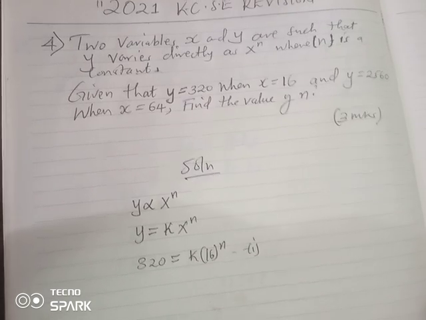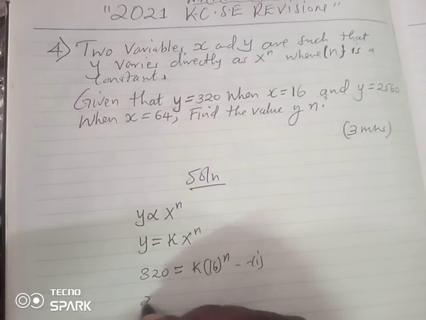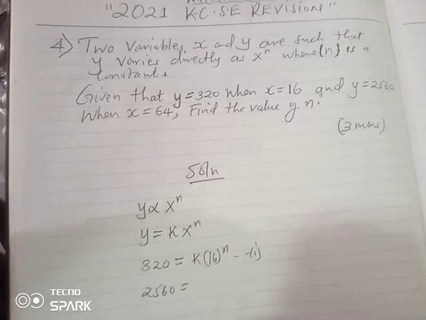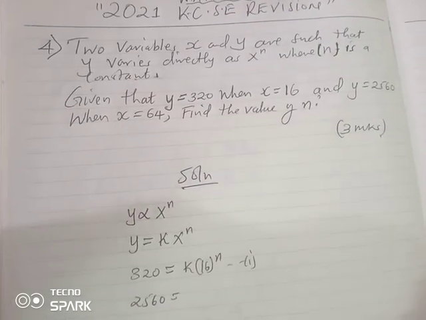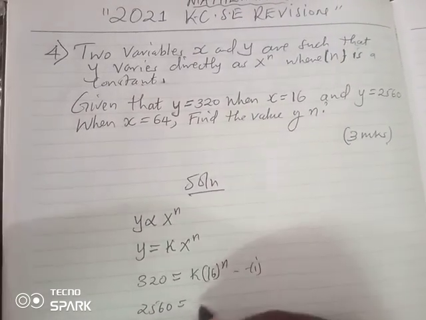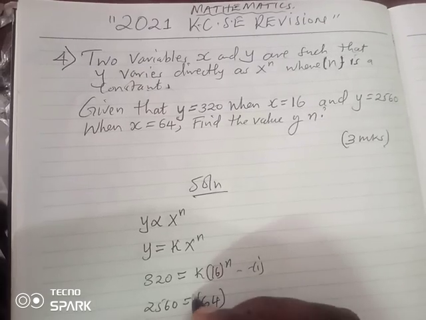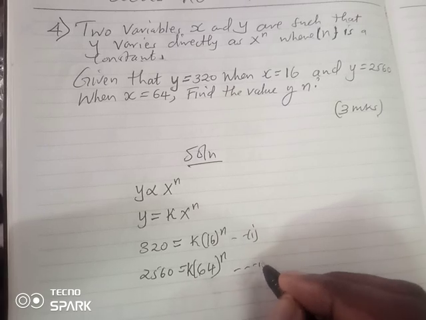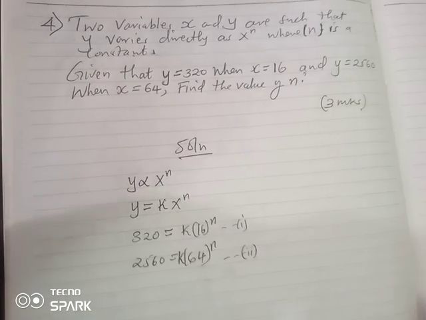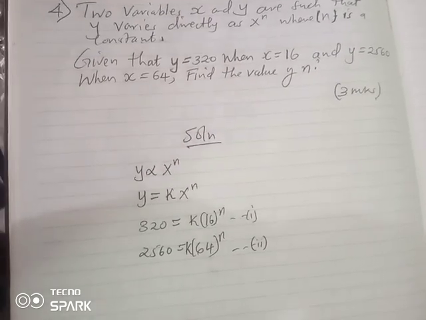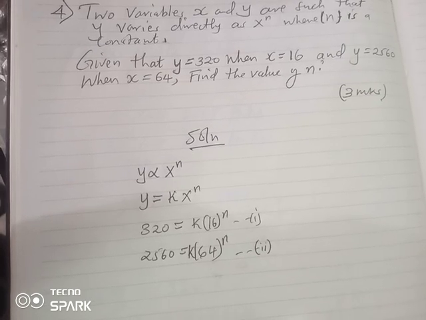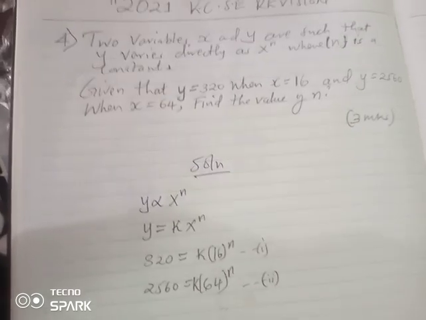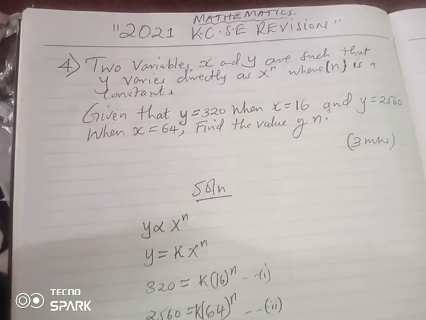Equation 2, y is now 2560 when x is now 64. So k is still there, 64 power n. That one gives us equation 2. So we have two equations and we have to solve them by any appropriate method.